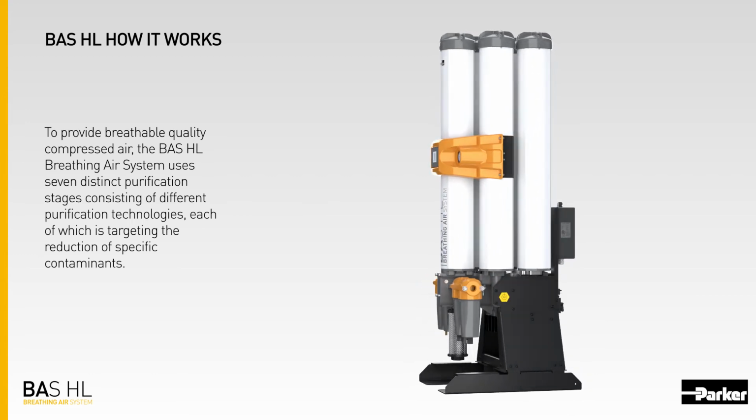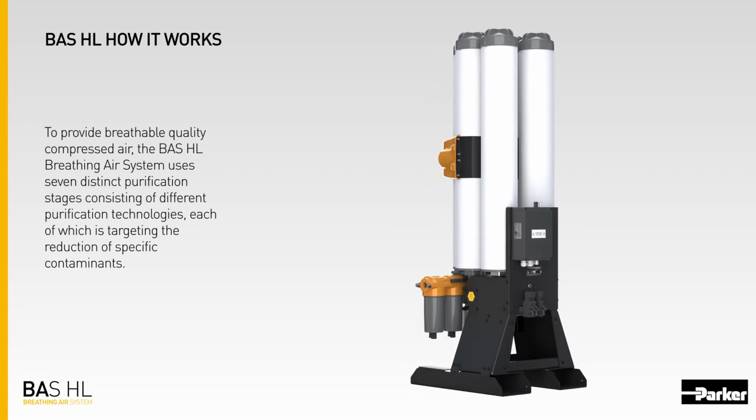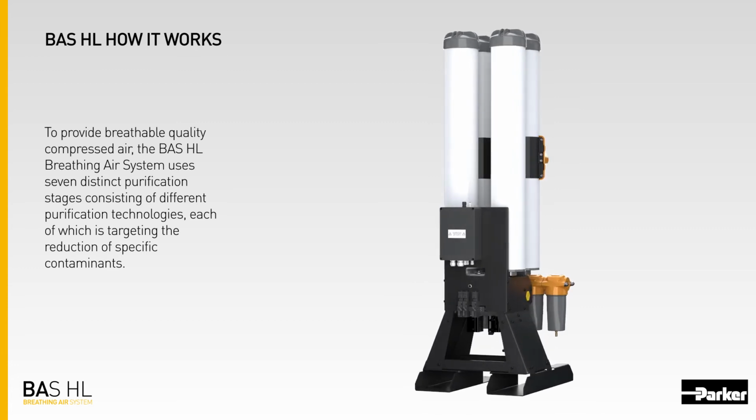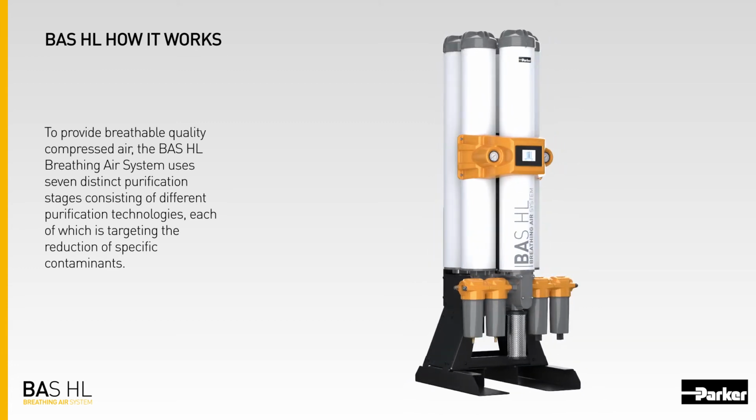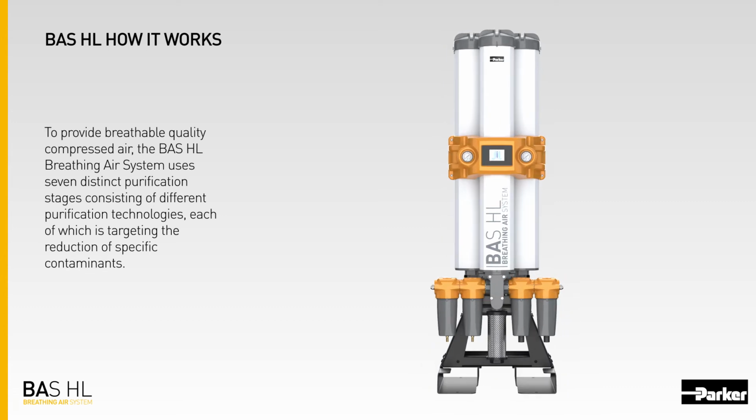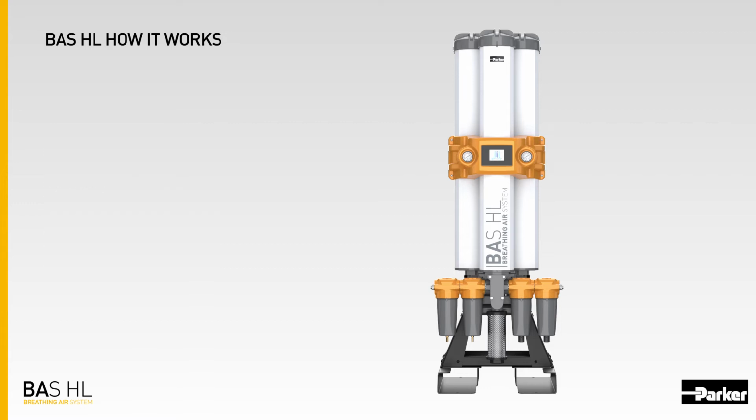To provide breathable quality compressed air, the BAS HL breathing air system uses 7 distinct purification stages consisting of different purification technologies, each of which is targeting the reduction of specific contaminants. The purification stages are made up of Stage 1, a general-purpose coalescing filter.